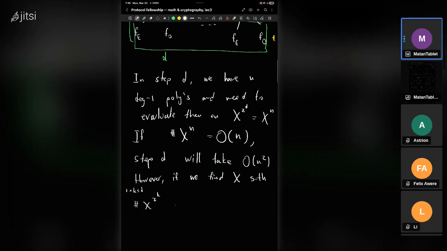That is, the number of elements of x to the 2 to the k is going to be n over 2 to the k. Really shrinking. It's like you have a set x, you take the square of all the elements in it, and you get a set of size n over 2. It's a very special property.